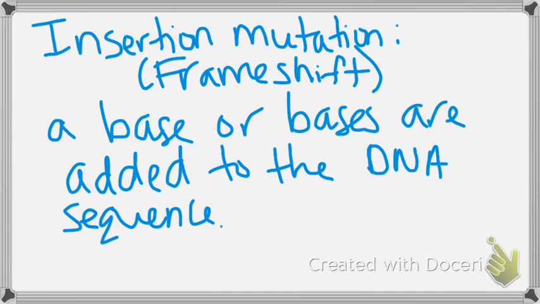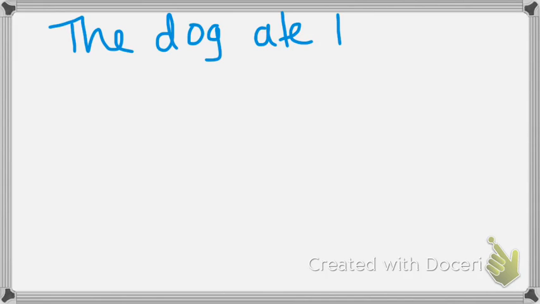Okay, so let's work our last example here. Now our sentence, we still have the dog ate the pie. But now what we're going to do is I'm going to insert an extra letter here.